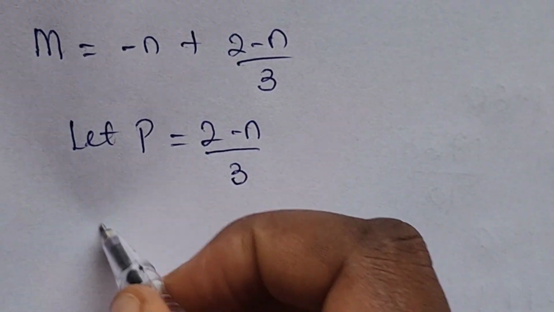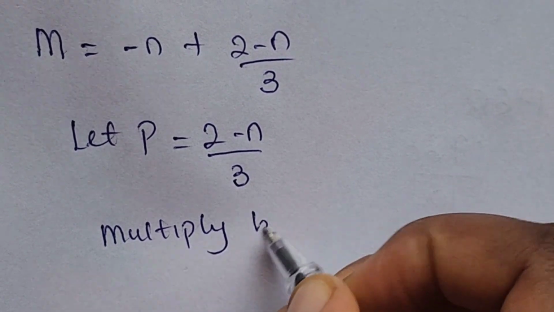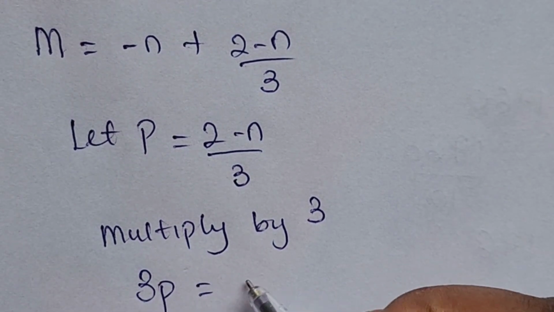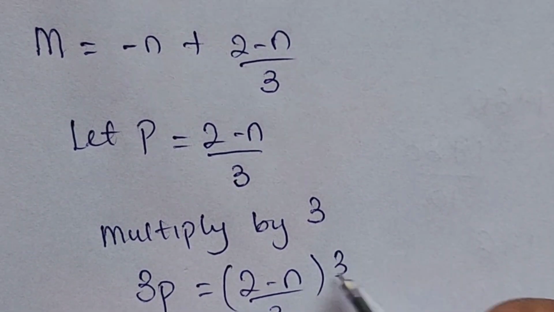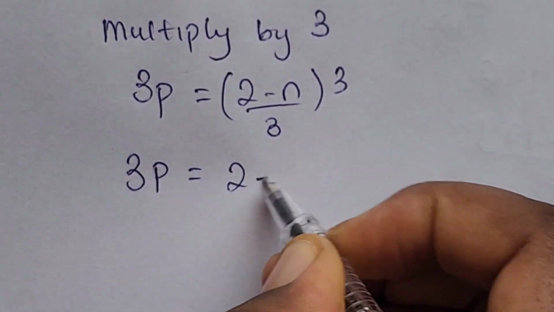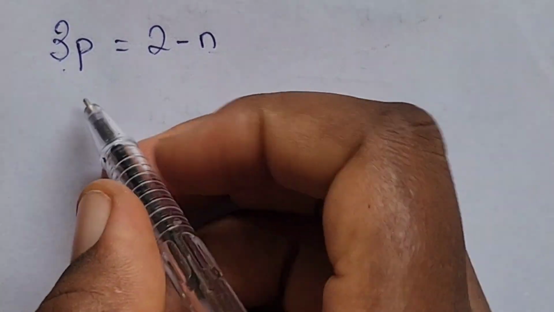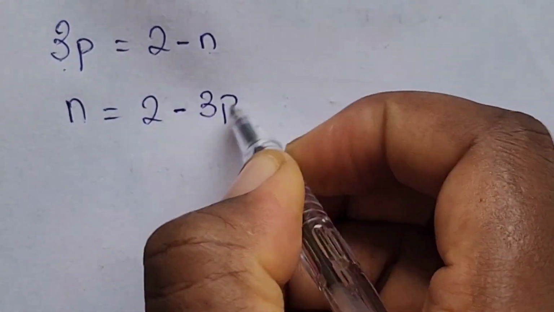So when we multiply by 3, we have 3p is equal to 2 minus n over 3 times 3. So we have 3p is equal to 2 minus n. So our n is equal to 2 minus 3p.